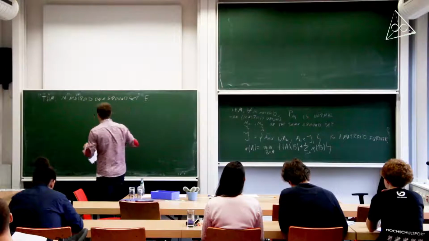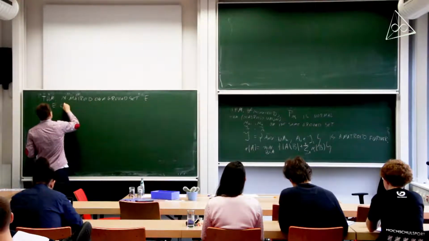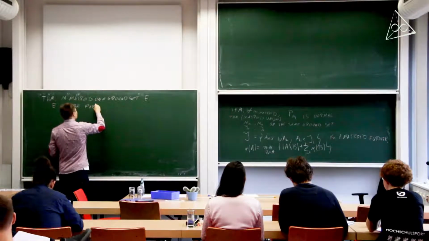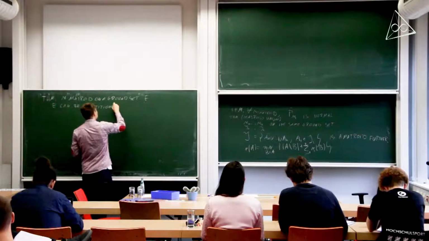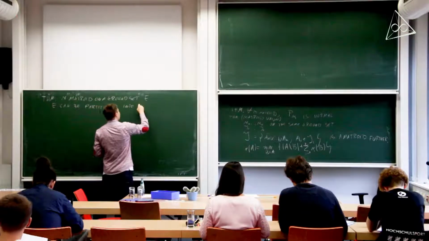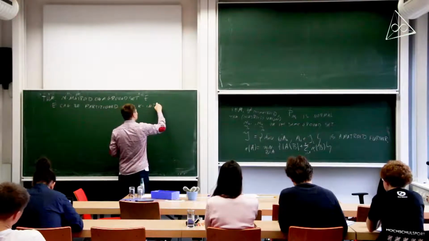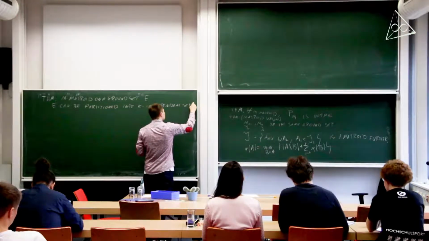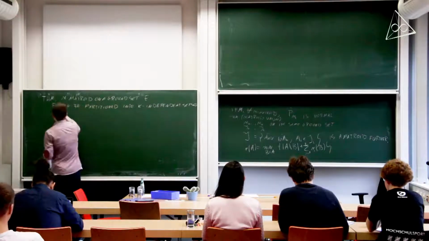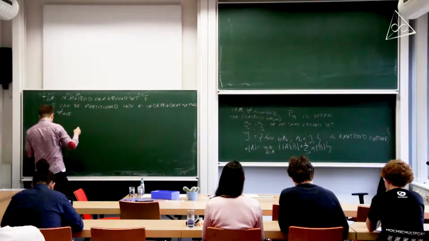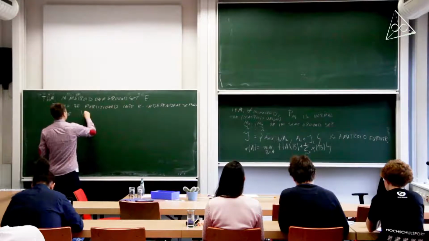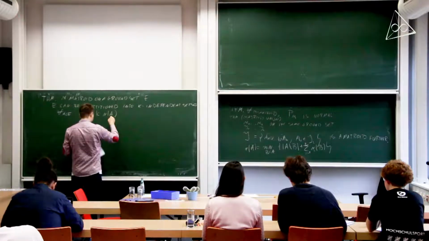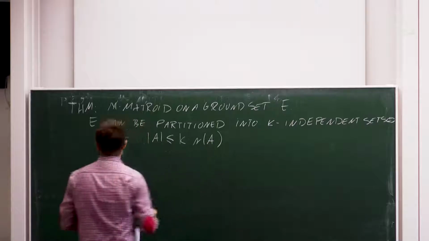Then E can be partitioned into k independent sets if and only if for every subset A of E we have the following inequality: the cardinality of A is smaller than or equal to k times the rank of A. Is the statement clear?